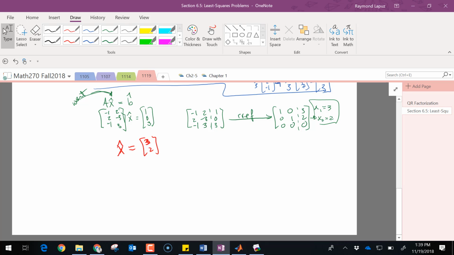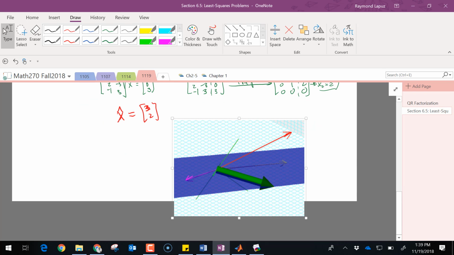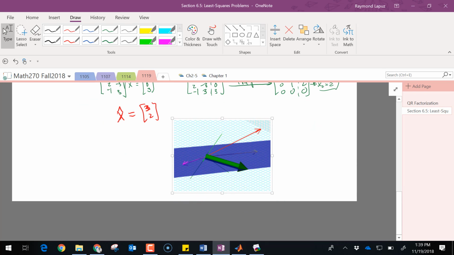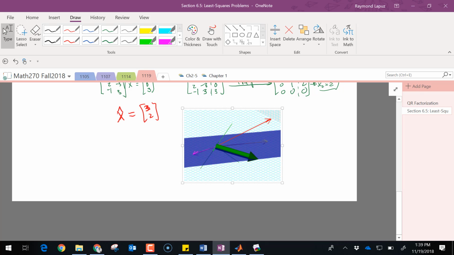Maybe that B hat vector was a little too big. So here's what we have. Let's label them. This is one of them. This is A2. This over here is A1. This is B. This is B hat.